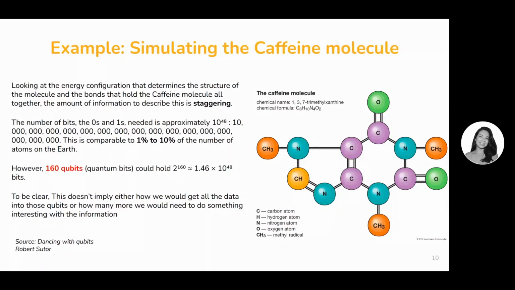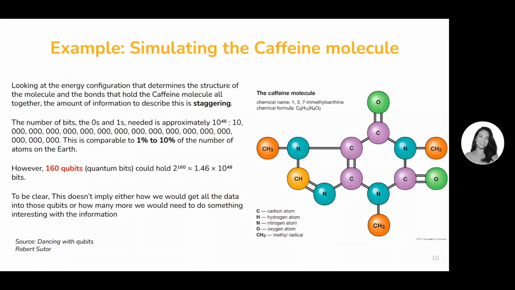This is actually a task that has been thought of very well, and it was described in detail in the book by Robert Sutor, called Dancing with Qubits, which I really highly recommend as an introduction to quantum computing. In this book, they claim that the number of bits, in terms of zeros and ones, needed to simulate the caffeine molecule is estimated at 10 to the 48 bits.